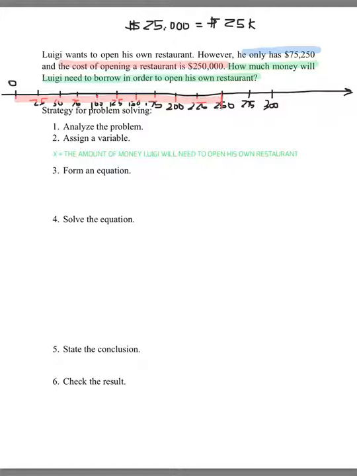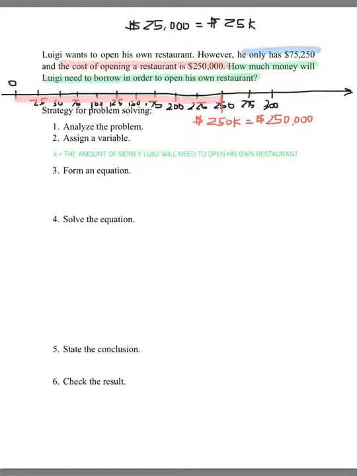So that's right here. And that's the amount of money that Luigi needs to raise in order to be able to open up his new restaurant.